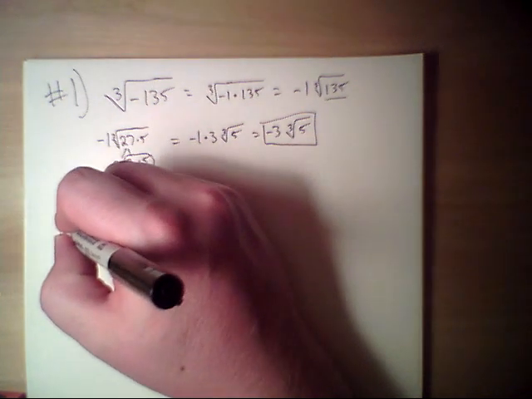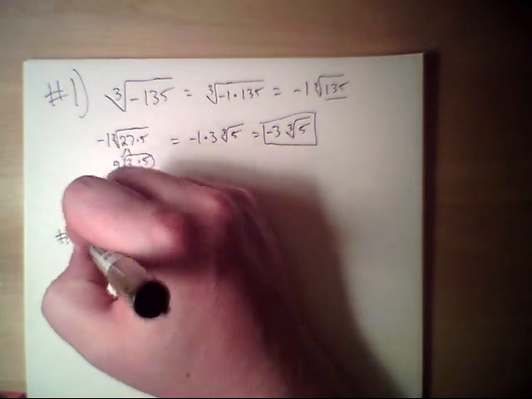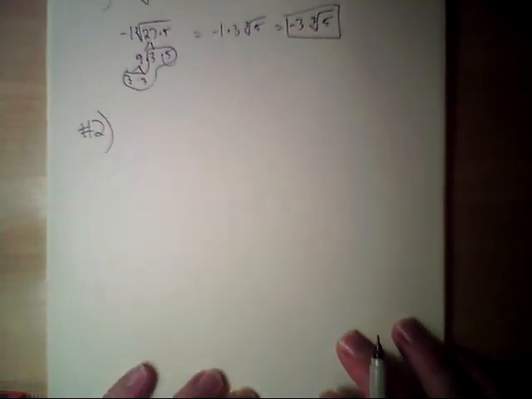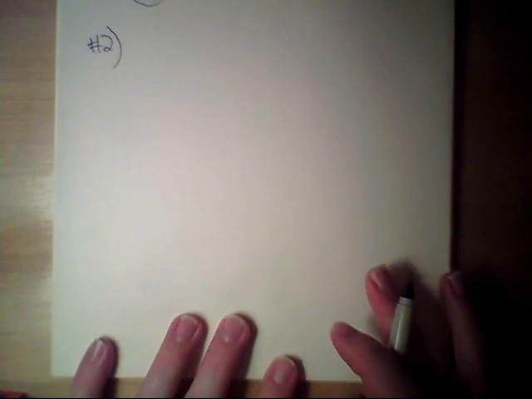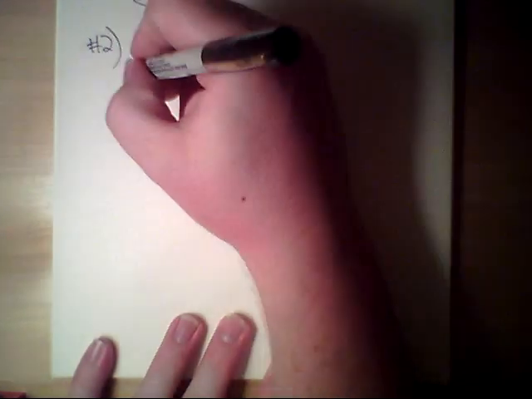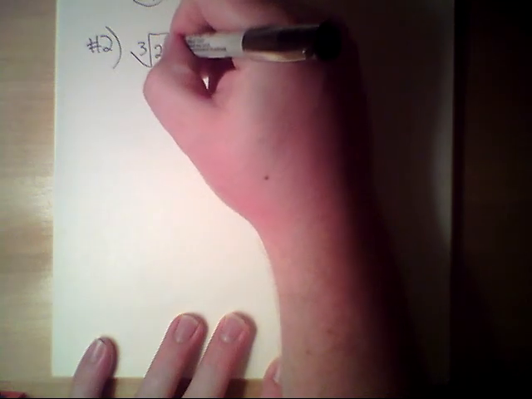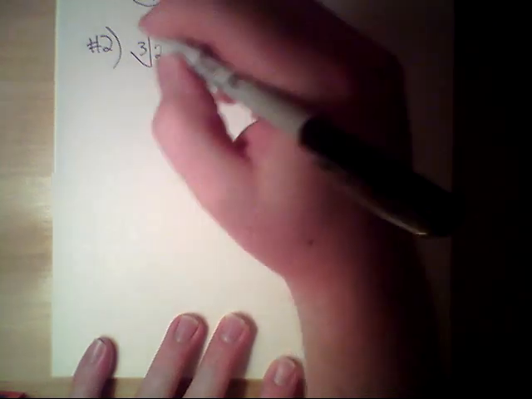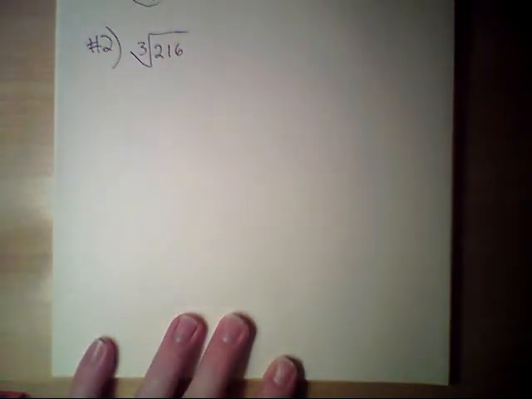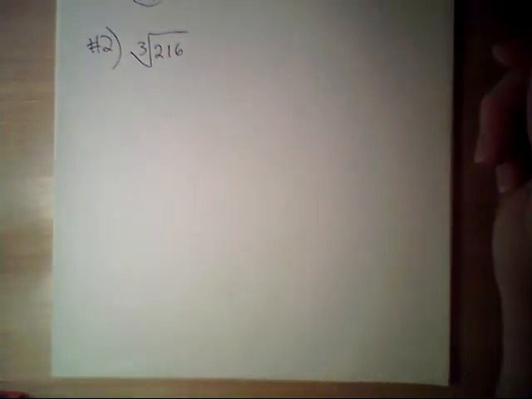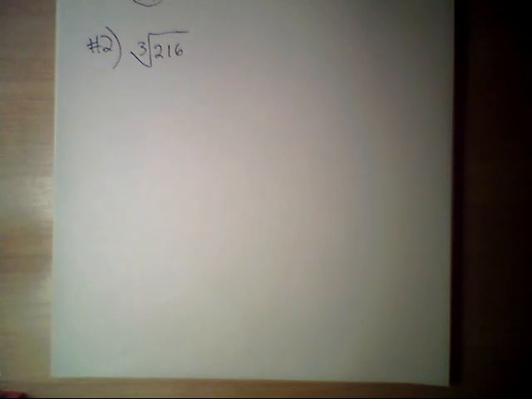Number 2. Slide that up. Okay. We have the cube root of 216. Now, with these, it's good to think in terms of perfect powers. If we know our perfect squares, you've got 4, 9, 16, 25, and so forth.